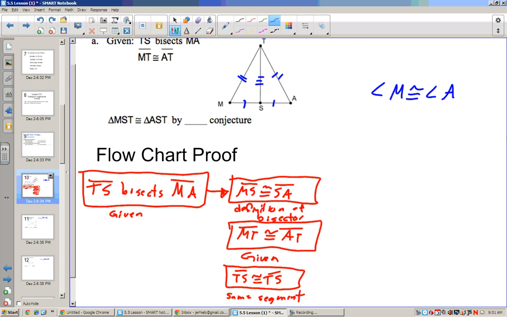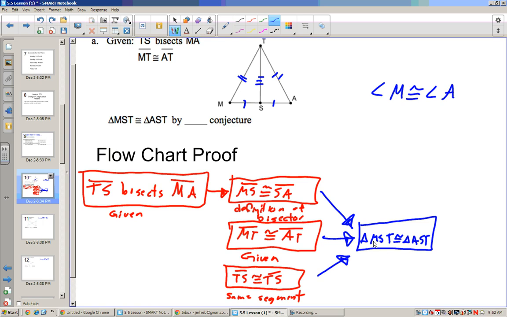Now once we have these three pieces of evidence, we are able to prove that these triangles are congruent. So we use those three to say triangle MST. Now M is going to match up with A, so that's going to be congruent with triangle AST.